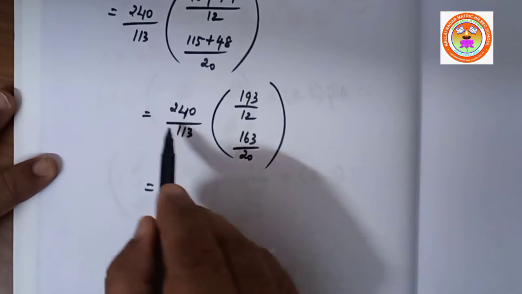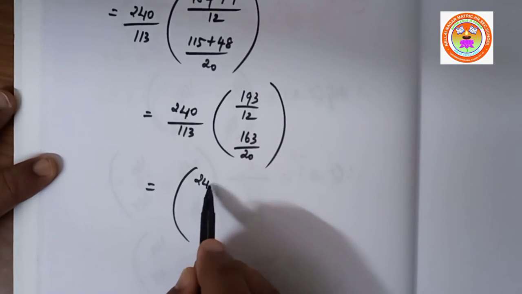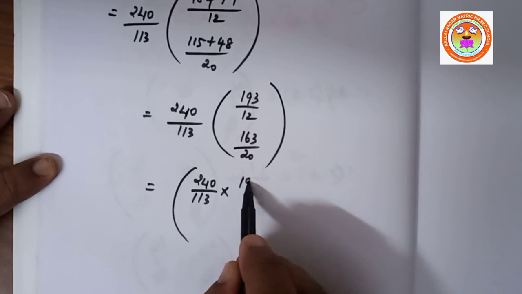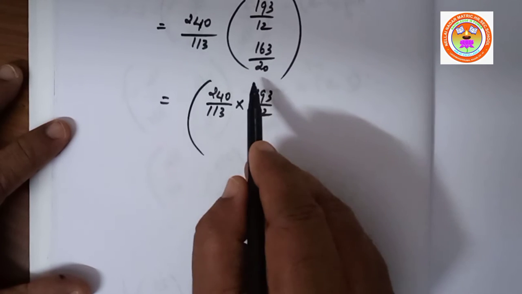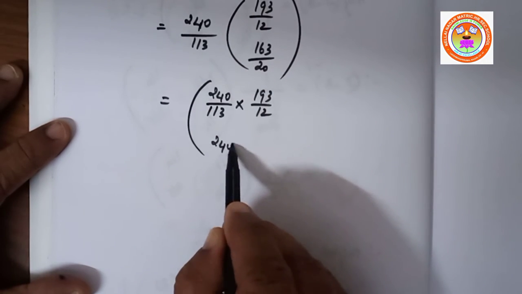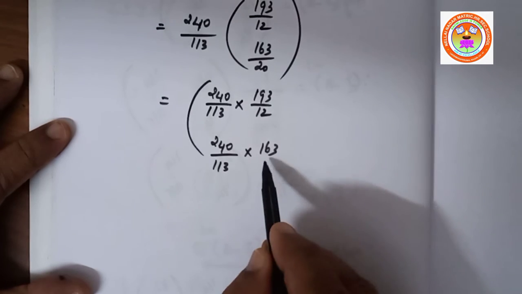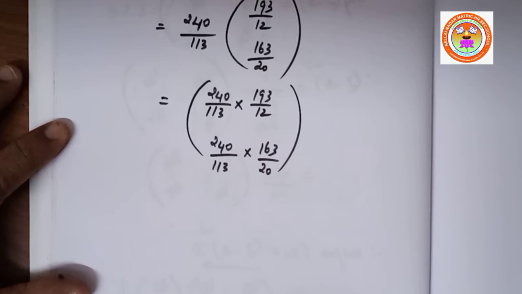Then multiplying, we get 240 divided by 113 into 193 by 12, and 240 divided by 113 into 163 divided by 20. Then we have to simplify.